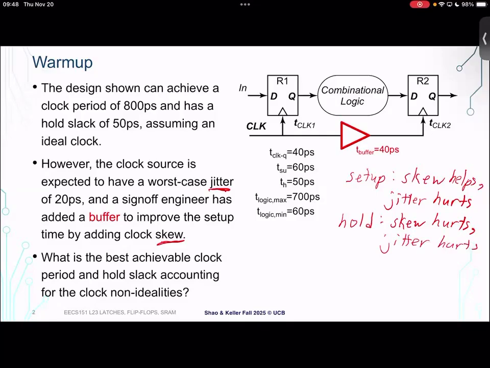Now we can use the numbers that were given to understand the impacts on the actual timing. Setup slack gets plus 40 picoseconds for the helpful skew, and then minus 20 picoseconds for the harmful jitter.